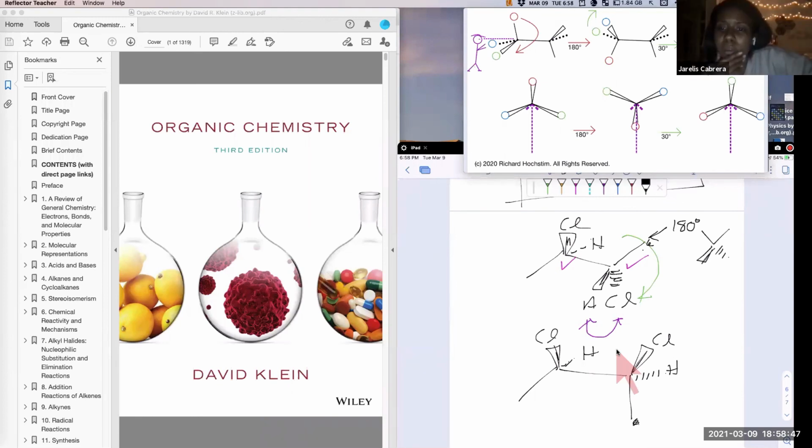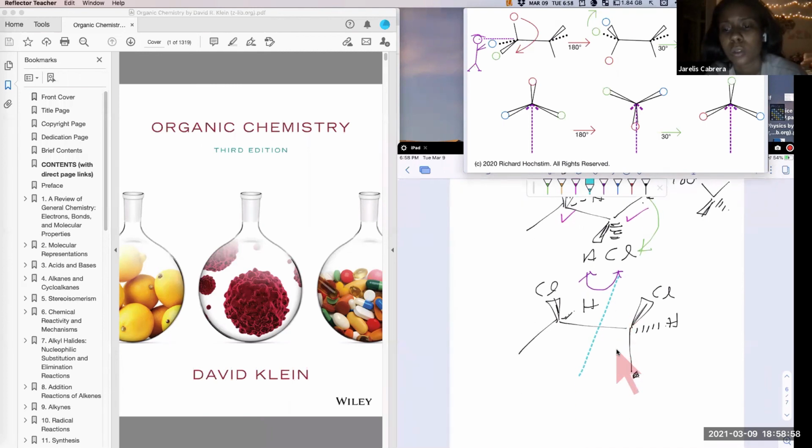Yes, because it's a mirror image. What's the name of it? It would be 1, 2, 3.